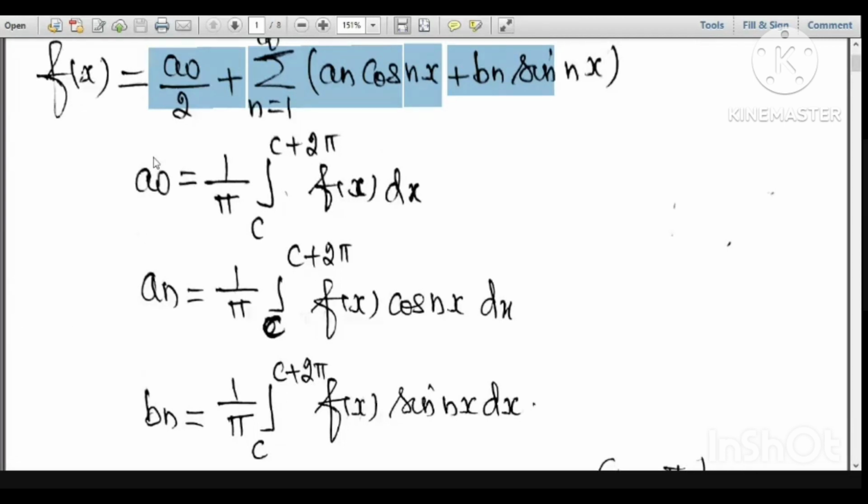So f of x is equal to a0 by 2 plus summation n equal to 1 to infinity an cos nx plus bn sin nx. a0 is equal to 1 divided by pi integral over c to c plus 2 pi f of x dx.